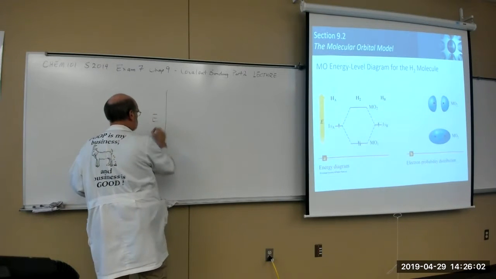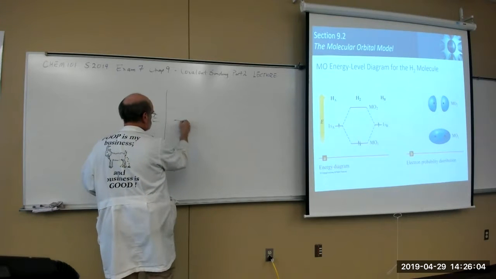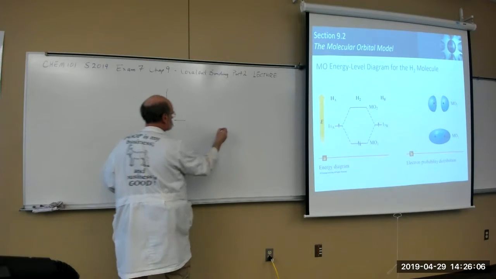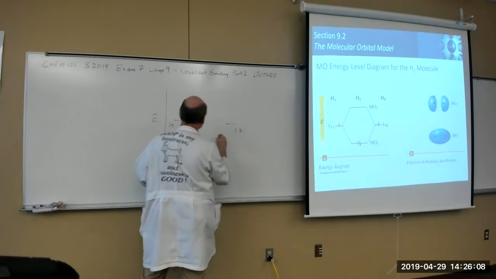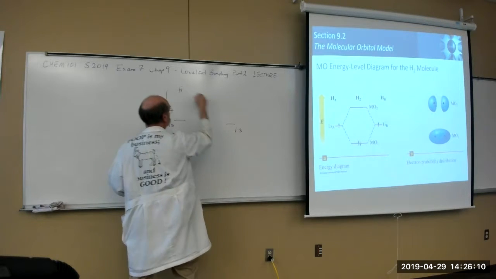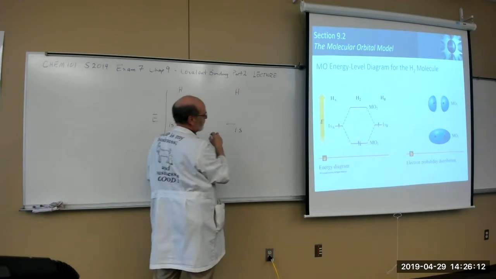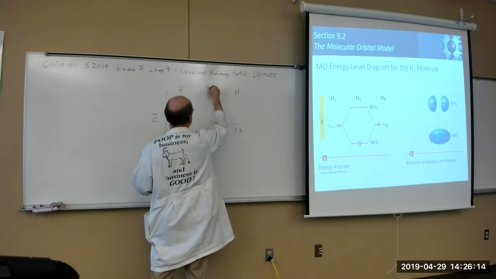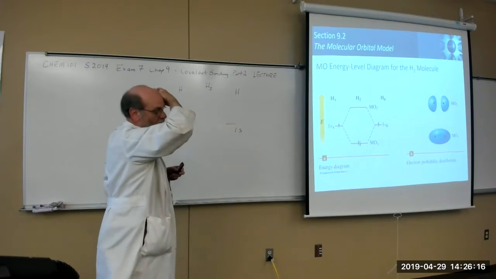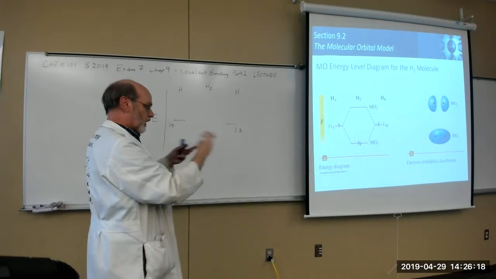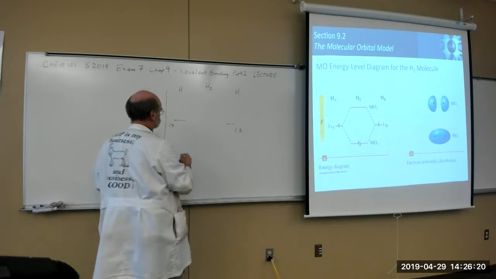So let's just draw this the way I would normally do it. And there's only a slight difference between the way I draw molecular orbitals and the way the authors of your textbook do.